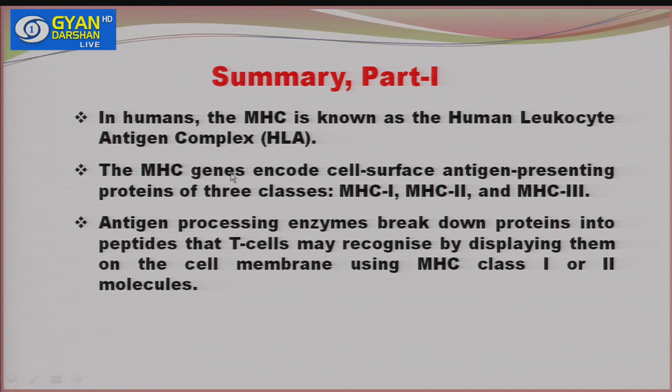You have also learned that MHC genes encode cell surface antigen presenting proteins of three classes: MHC class I, class II, and class III. Antigen processing enzymes break down proteins into peptides, and T cells may recognize them when displayed on the cell membrane using MHC class I and class II molecules.